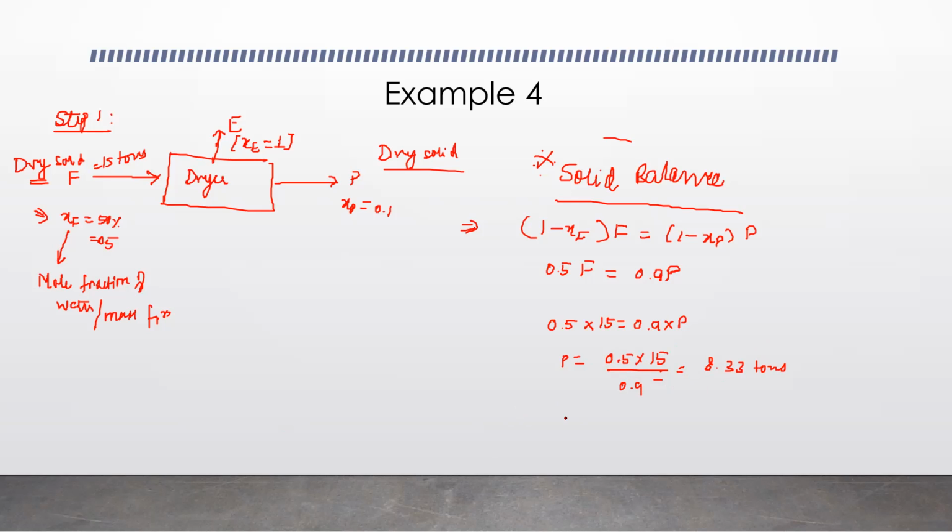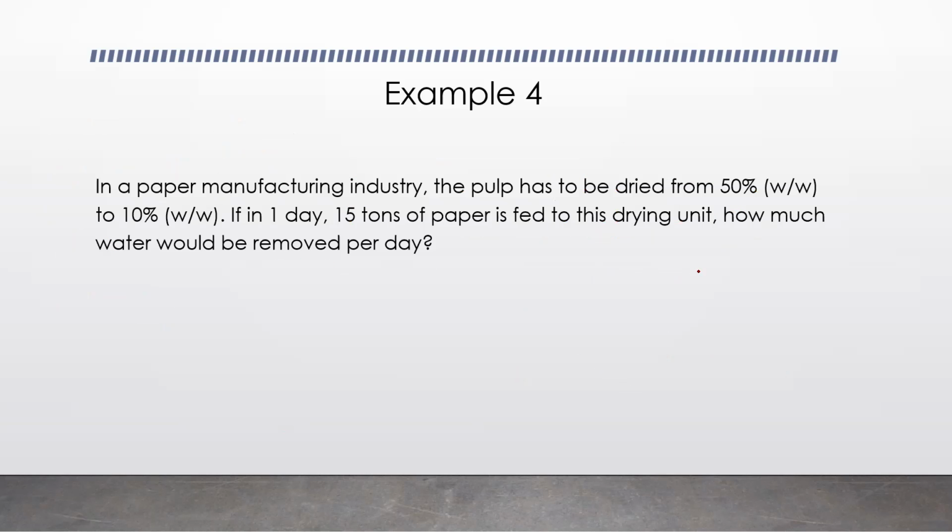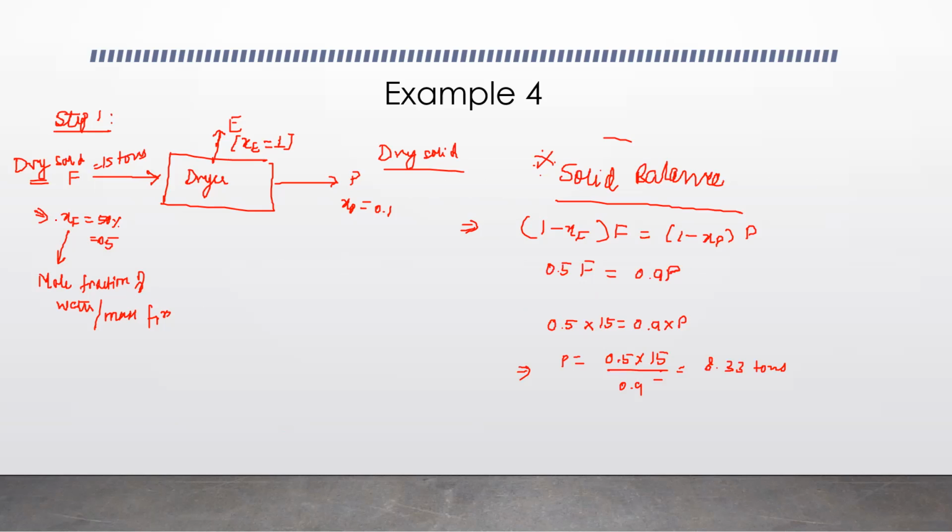Once we get P as 8.33 tons, we have to calculate how much water is removed per day. So we are going to now make an overall material balance equation.